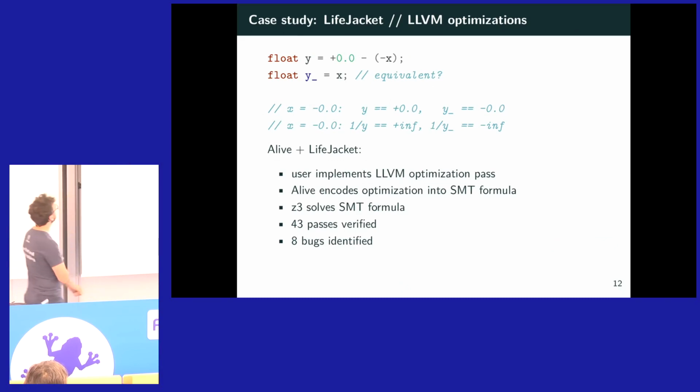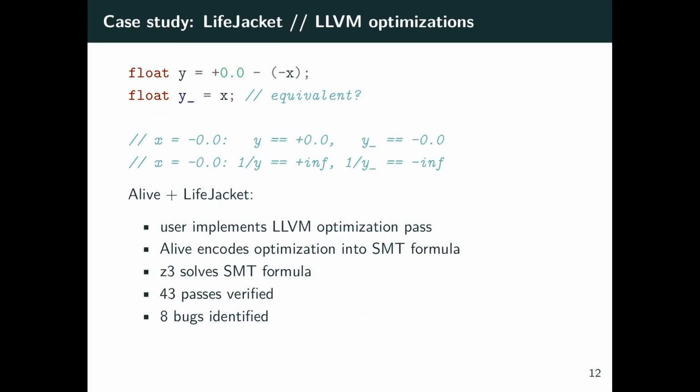Then I already mentioned the LLVM optimizations. So you probably want your compiler to not mess with your code when it optimizes it. And assume you have this line of code, which is kind of weird, but assume there are some macros there, or it already did some constant propagation, whatever.